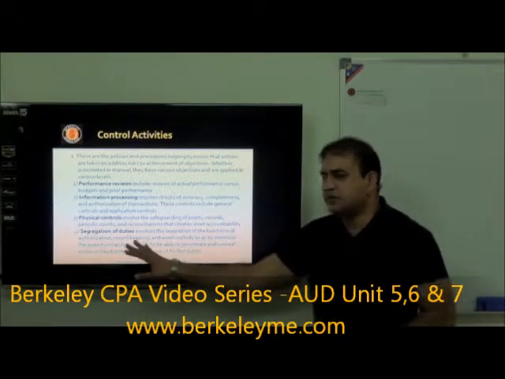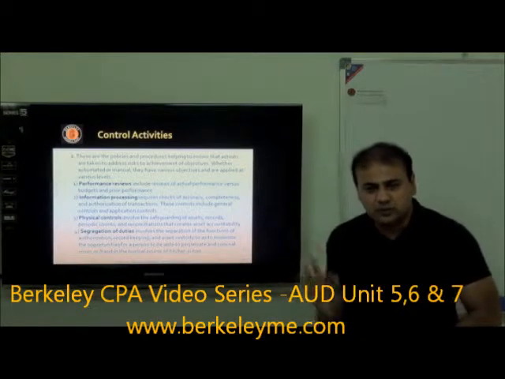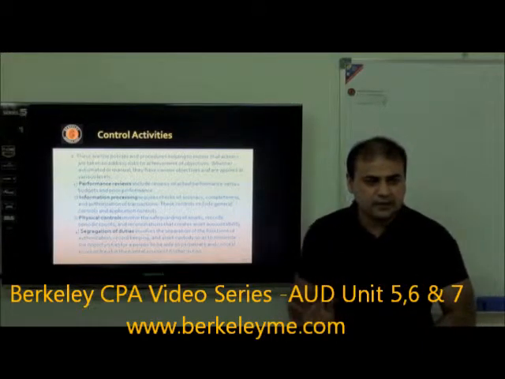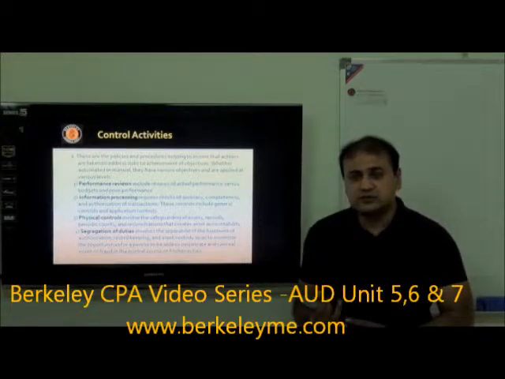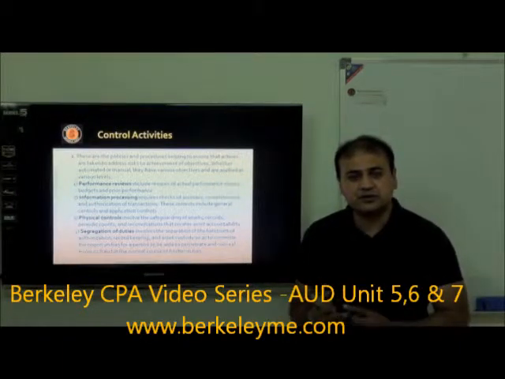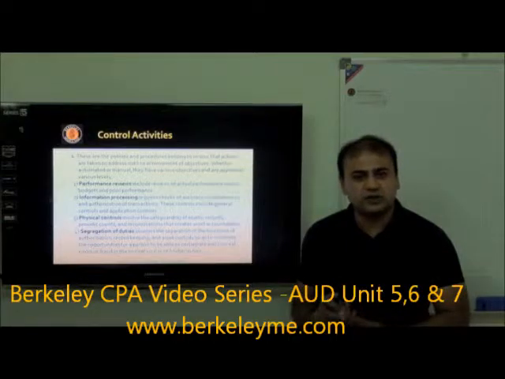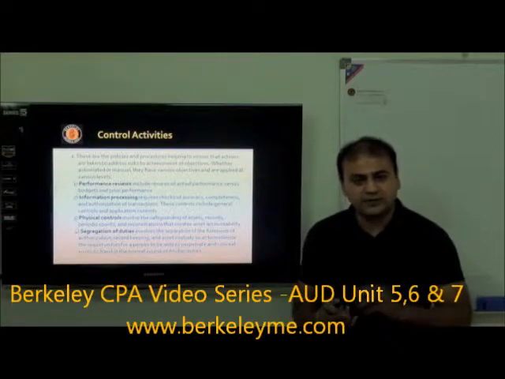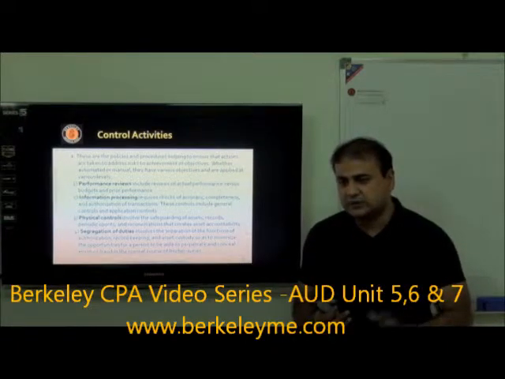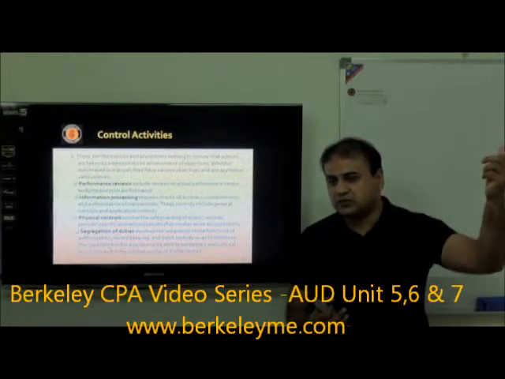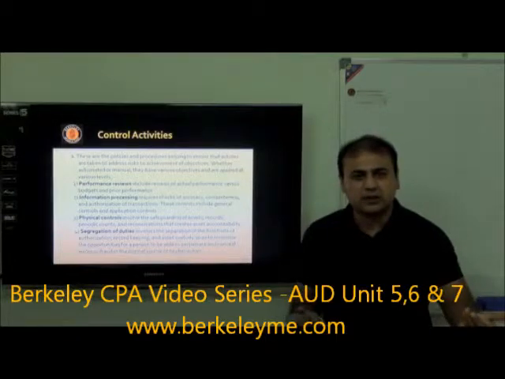And segregation of duties is the backbone of the control system. Let's take an example. If you have one guy who is your driver, who is your chef, he is cleaning the house, he goes to the school to bring your kids. So once you ask, have you prepared the lunch, he will say, I went out to bring the kids. So how can I do it?